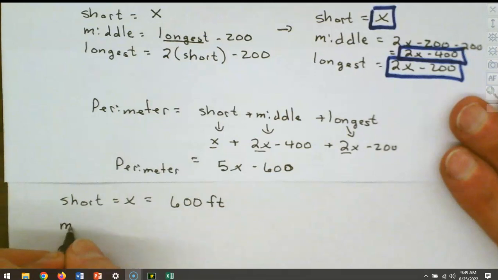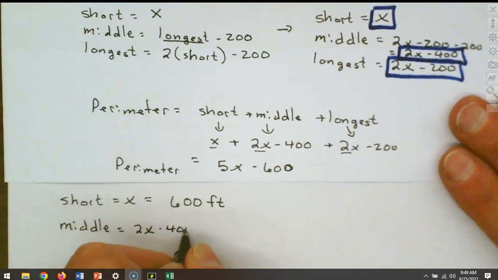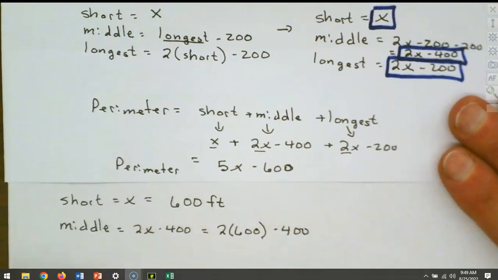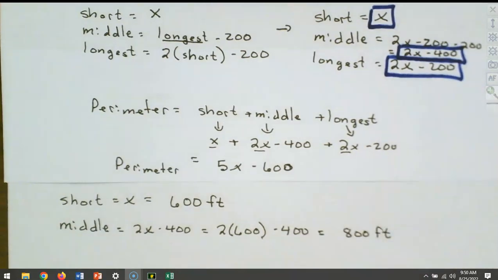And then we've got the middle side. And that is 2x minus 400, which is then 2 times the 600 minus the 400, right? And that's 1,200 minus 400, so that is then 800 feet, isn't it?